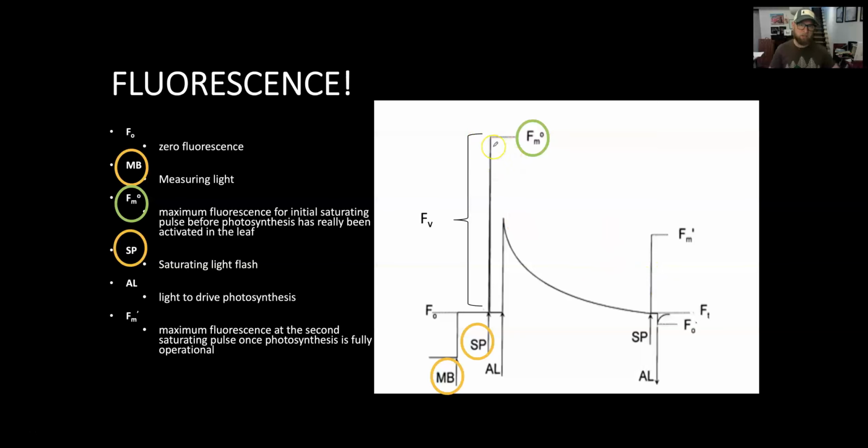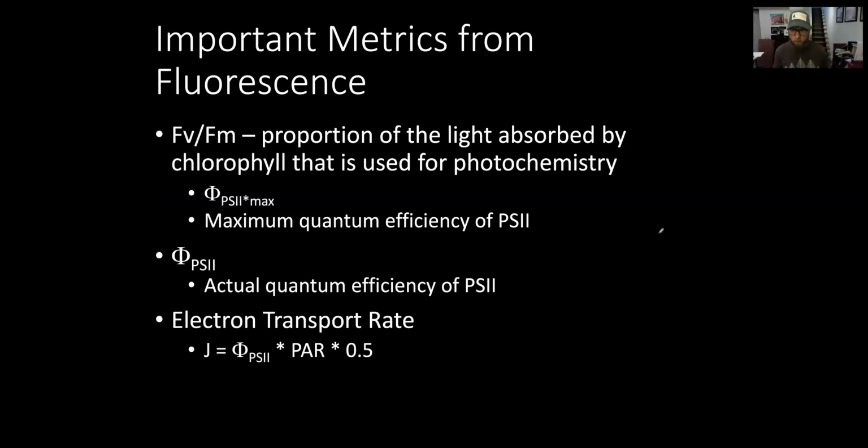Because remember, this is the fluorescence when all of those photosystems are closed. And this is once photosystem has turned on. So if a plant's really healthy, we would expect this peak here to be really low because it's using all of the energy, and all of the photosystems are open and ready to absorb more light. So basically that difference between those peaks is what's driving that quantum efficiency of photosystem 2.